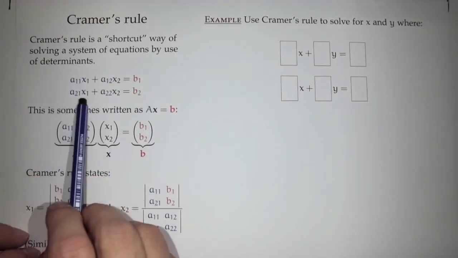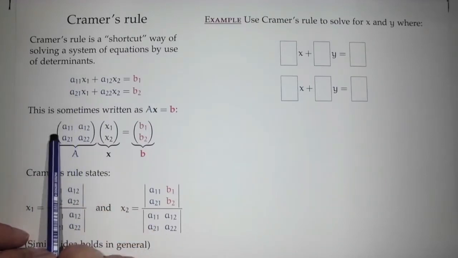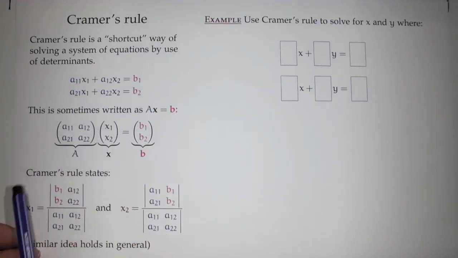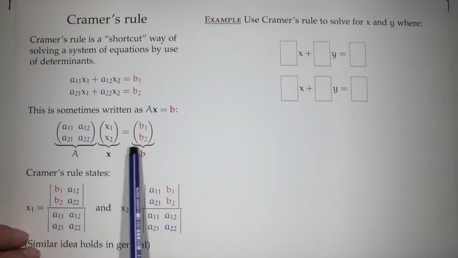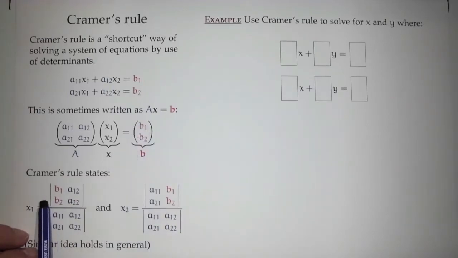See how you have a11, x1, a21, x1? So the first column is the x1 part. If you're solving for x1, take the column attached to x1 and replace it by the answers, in this case b1, b2. If you want x2, you take the column attached to x2 and replace it by b1, b2. Then you take the determinants, and that will find the answer.